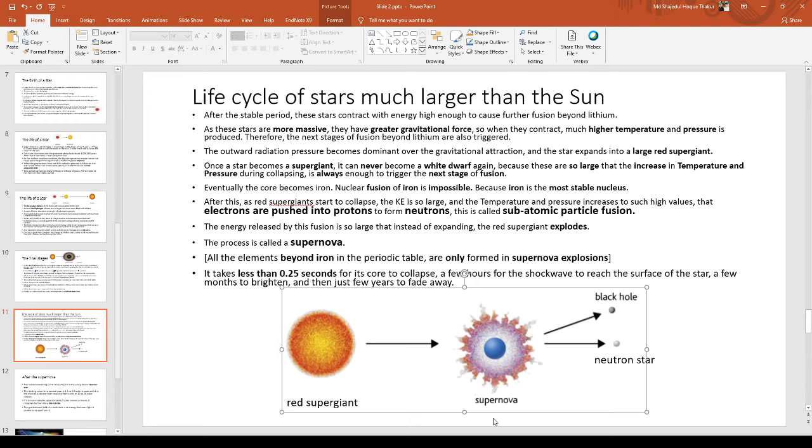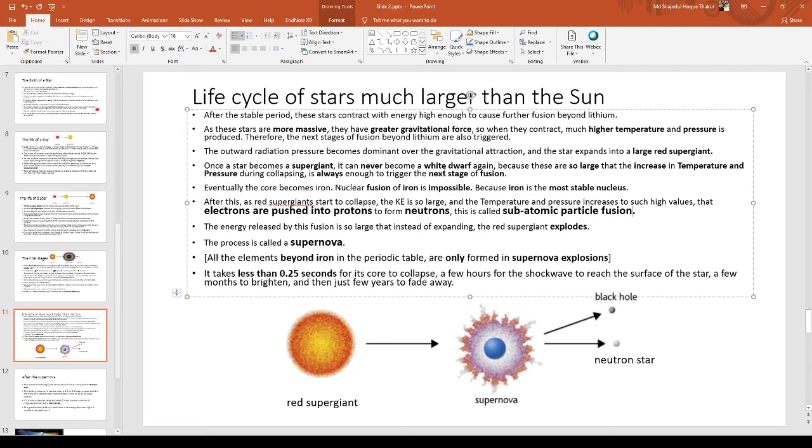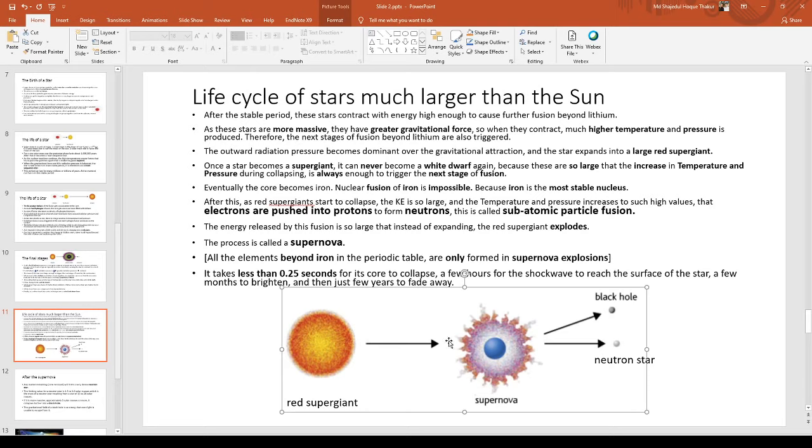The debris around the supernova, whatever spreads out from the supernova, will contain all the elements that are formed by so many fusion reactions, and from the supernova, due to subatomic particle fusion, a lot of elements will be formed. All of those elements will make up the debris, the stardust, the broken pieces of the star from the supernova.